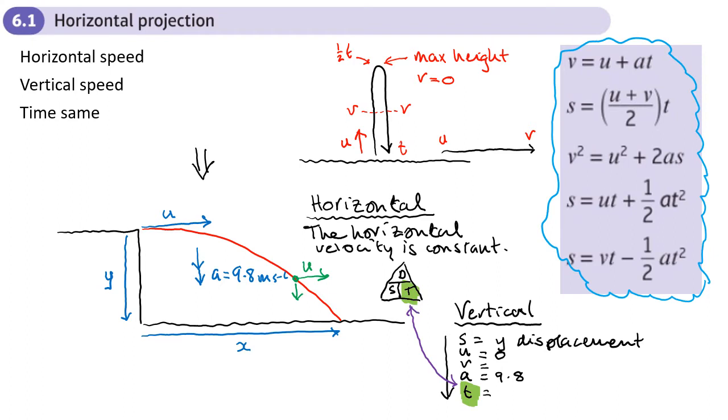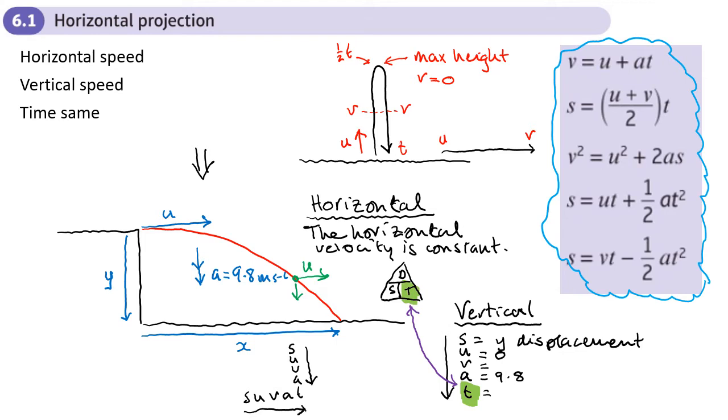You could almost draw a little diagram like this, couldn't you? You could draw SUVAT for your vertical, and then let's put that over on the other side, and write SUVAT for my horizontal.